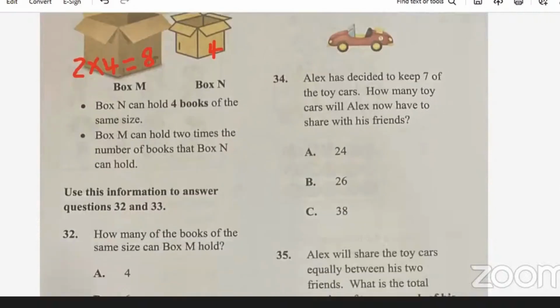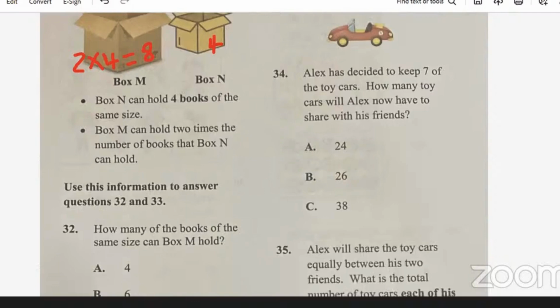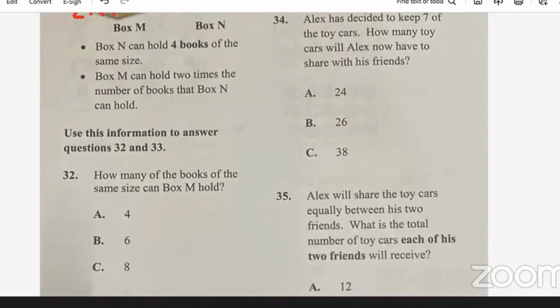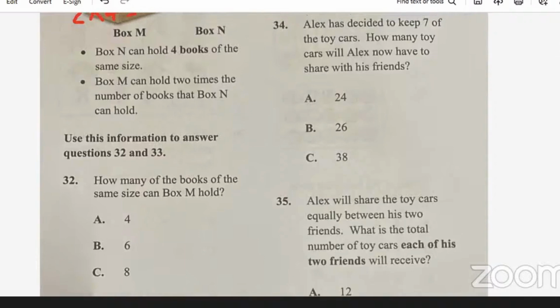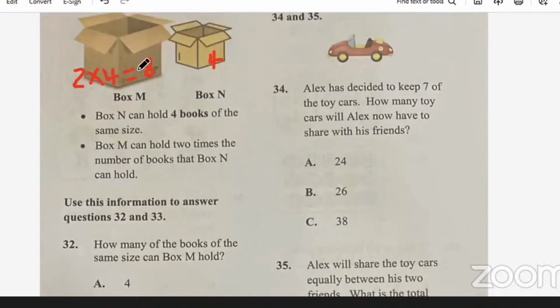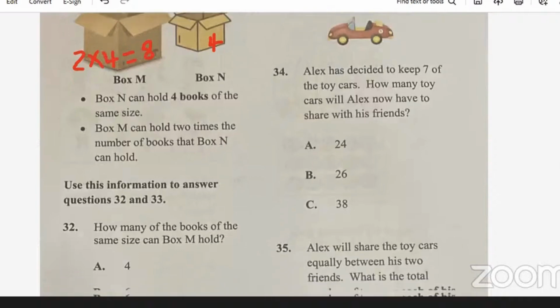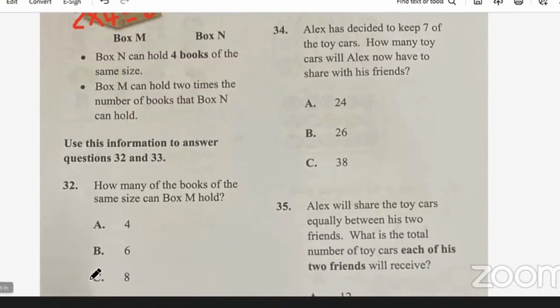It says, how many of the books of the same size can box M hold? And I just did that, right? So if it can hold twice the amount, it would be 2 times 4, or we could have done 4 plus 4. That's 2 times the amount. So the answer is 8. So for 32, the answer is C, 8 books.